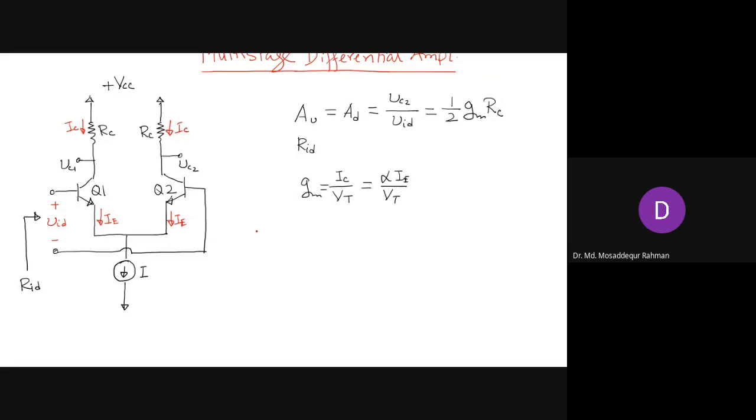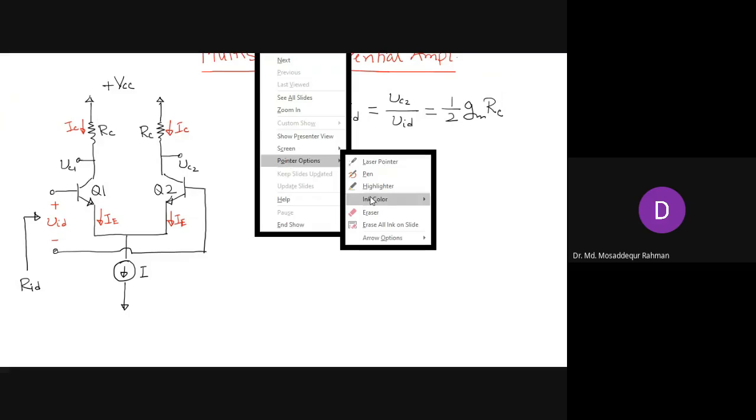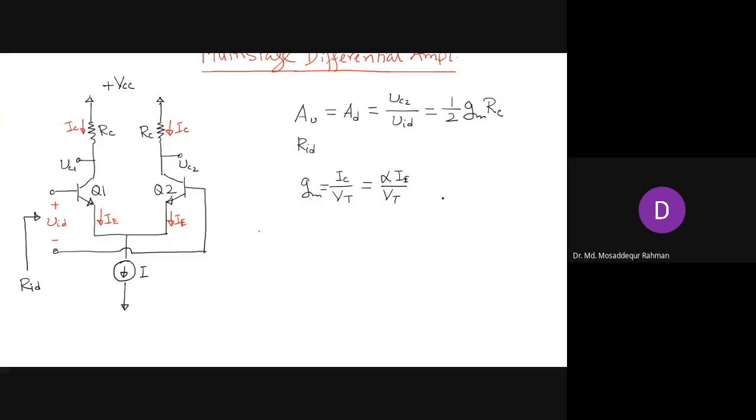Now IE, which is our emitter current, what we can see here is that IE is I by 2. And I is the current of this current source, and we assume that this is known. So from this current, we can determine IE, which is half of this I, and then we can determine IC, which is alpha IE.